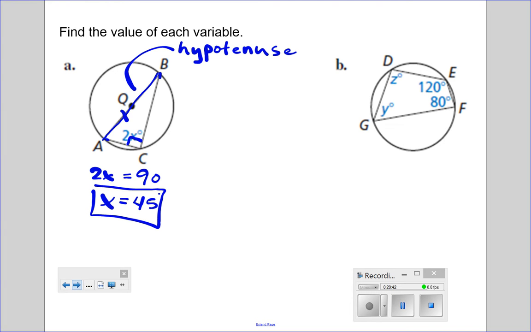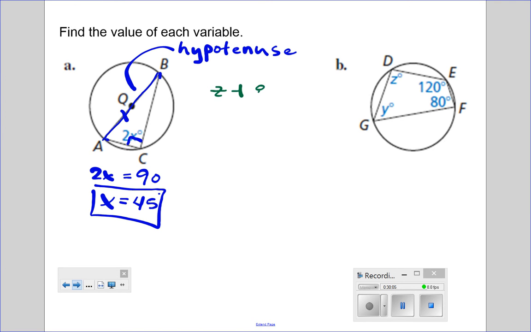All right, you guys ready to go to the next one? Yeah. Okay, what do we know about opposite angles in a quadrilateral that are inscribed on a circle? What do we know about Z and 80? Yeah, we know they're supplementary.